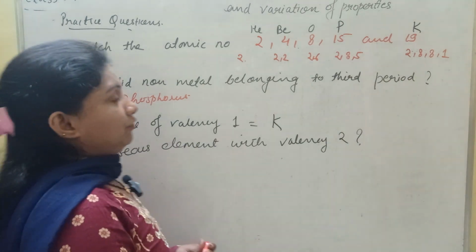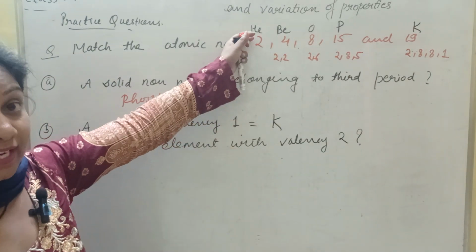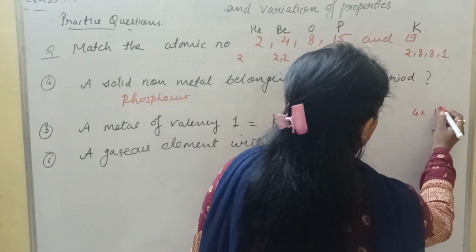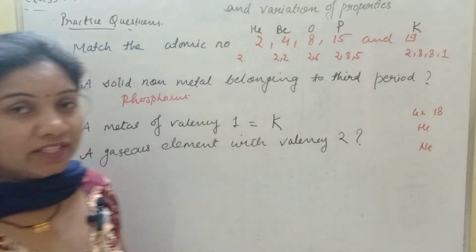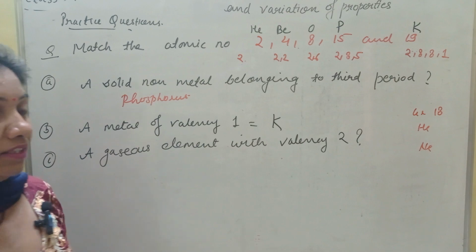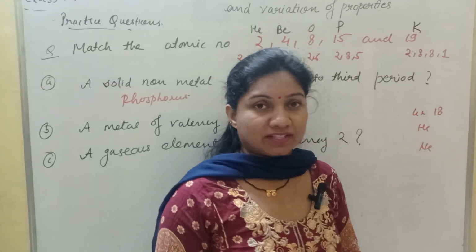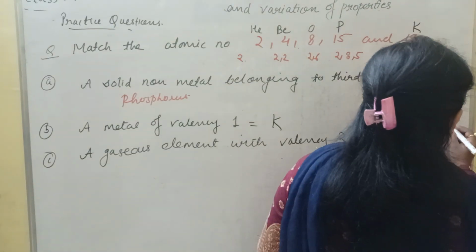Why? If you recall what I explained, helium is a group 18 element. Helium, neon, argon and the other group 18 elements are extremely stable. They neither donate nor accept electrons. If they are not participating in chemical combination, their valency is 0.